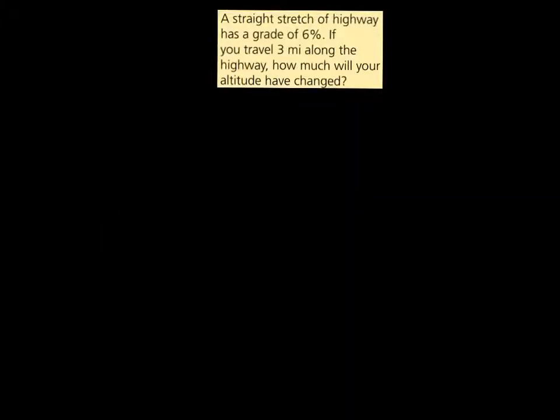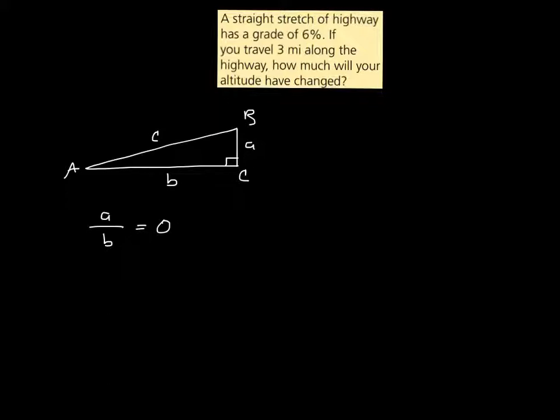In this one, the grade is 6%. So if I have this, A, B, C, this is side C, side A, side B. I know that A over B is 0.06, 6%.